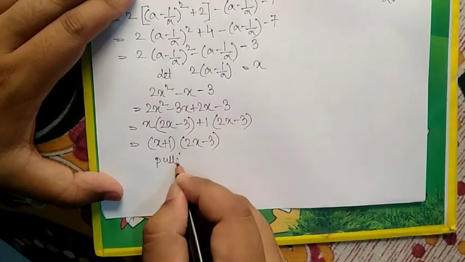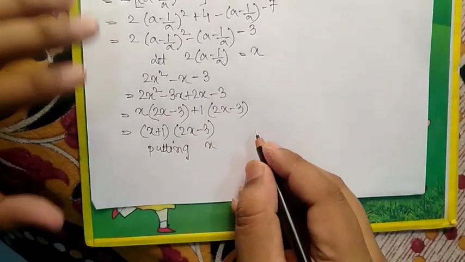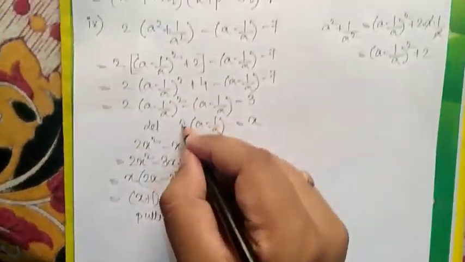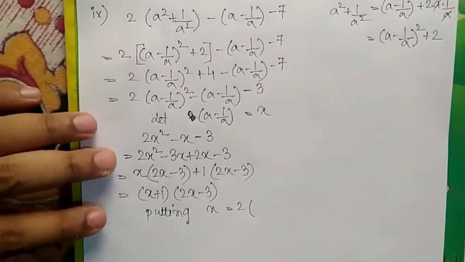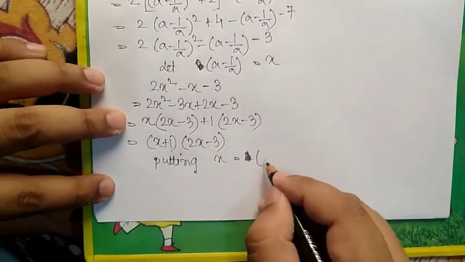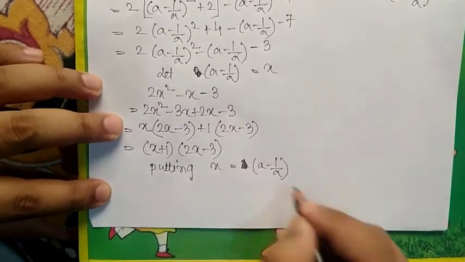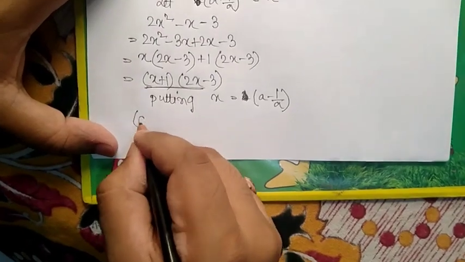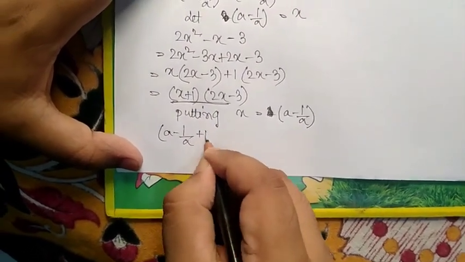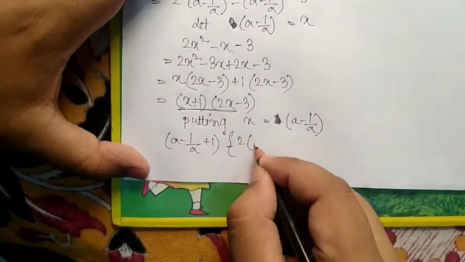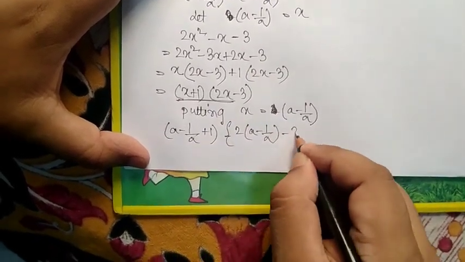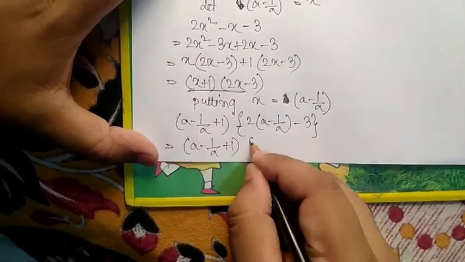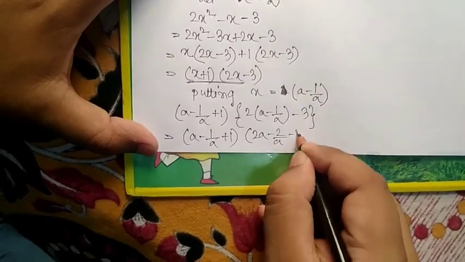Putting x equal to, sorry, here this is a minus 1 by a. So putting x equal to a minus 1 by a in this equation, we can get a minus 1 by a plus 1, 2 into a minus 1 by a minus 3. So we can get a minus 1 by a plus 1, 2a minus 2 by a minus 3. This is the answer.